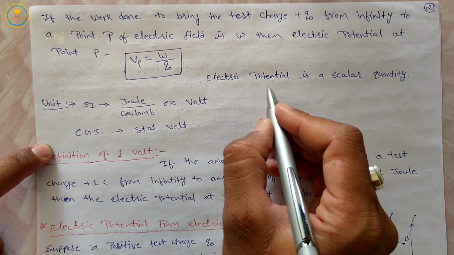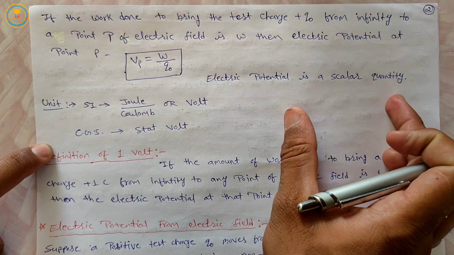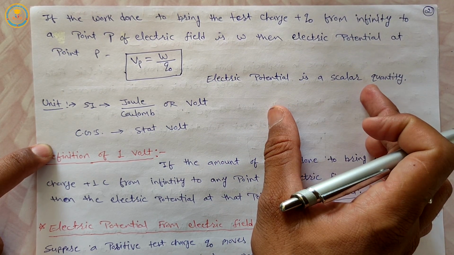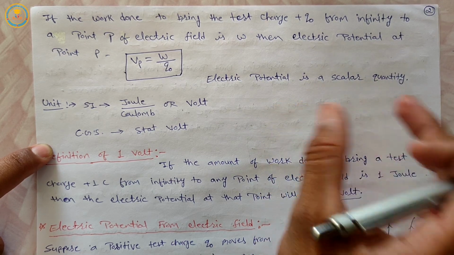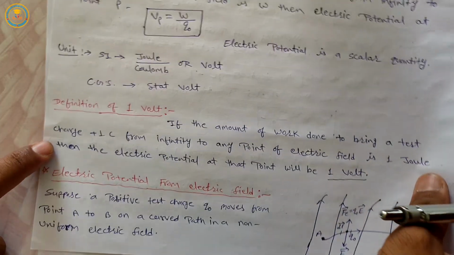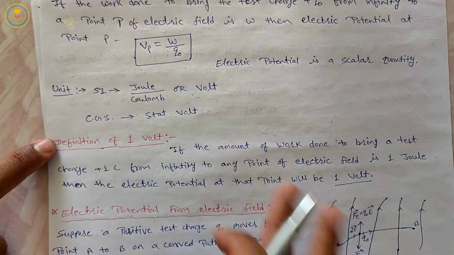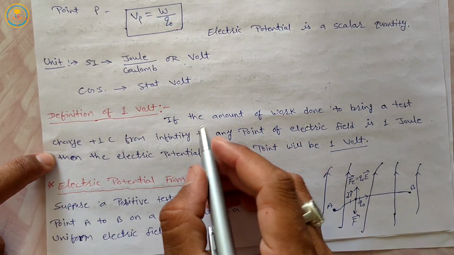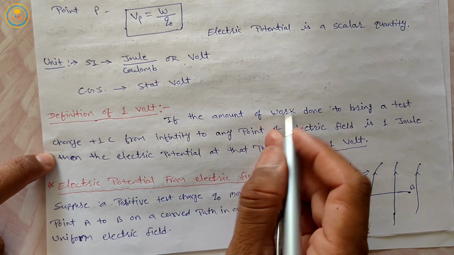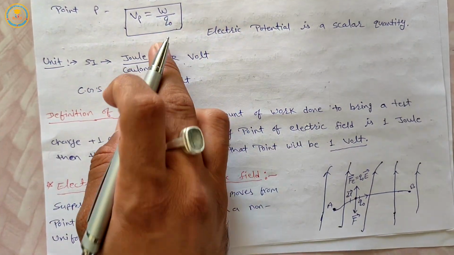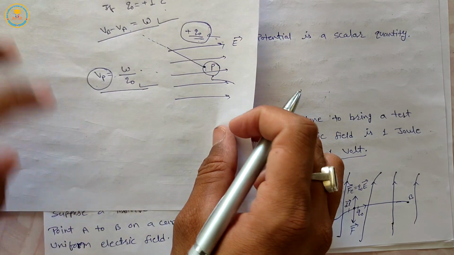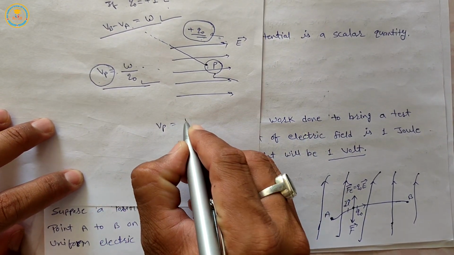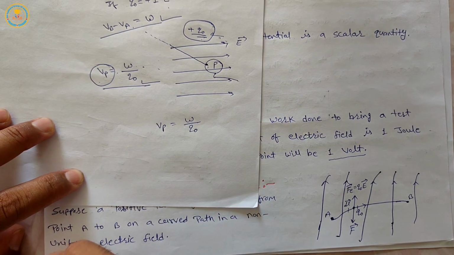Now, electric potential is a scalar quantity. It means electric potential doesn't have any direction. From this equation, we define 1 volt. We know that Vp is equal to W upon Q naught.